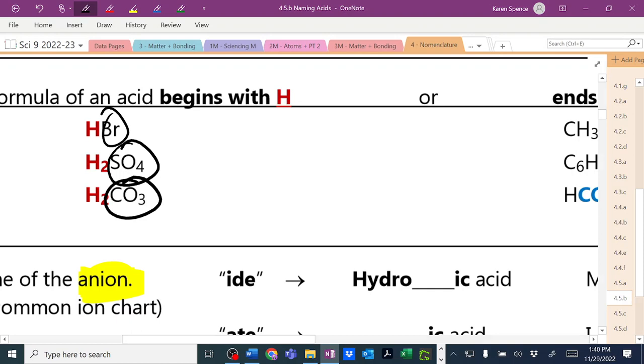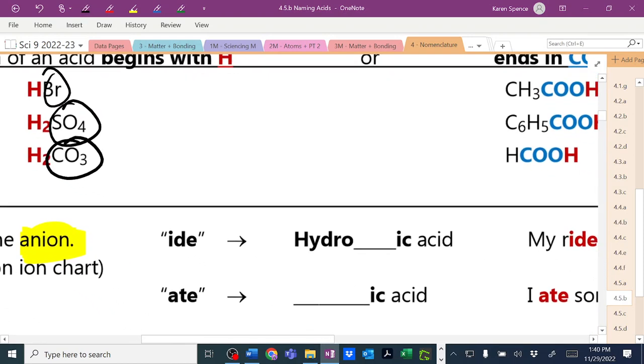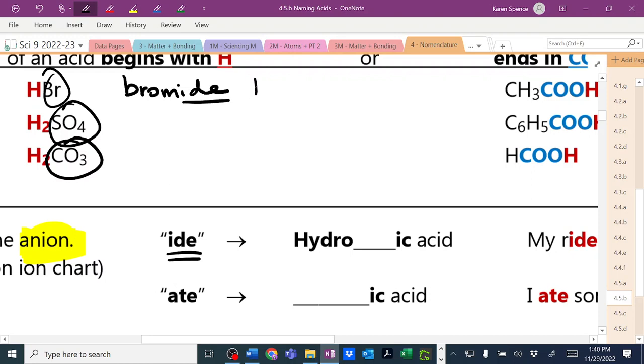Okay, if we have an ide ending on our ion, like bromide, Br minus, we write hydro, and then we put whatever goes in there, brom for bromide, bromic acid.